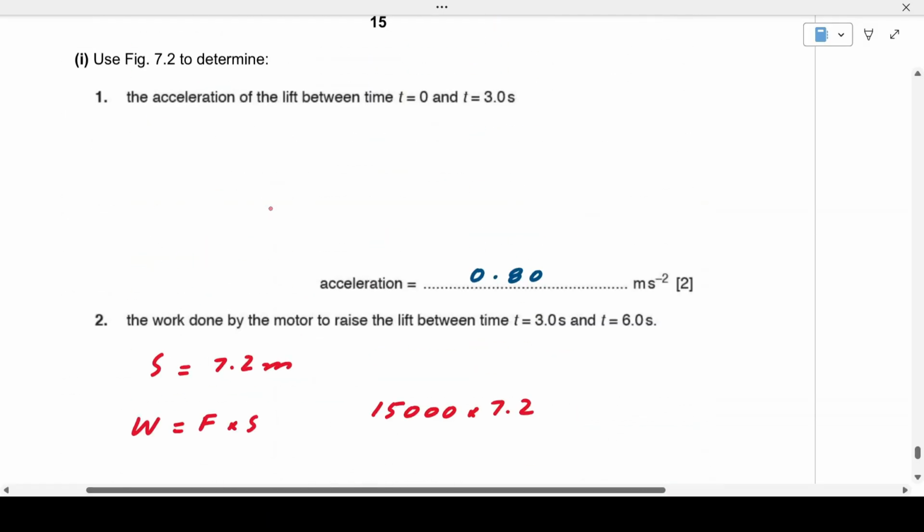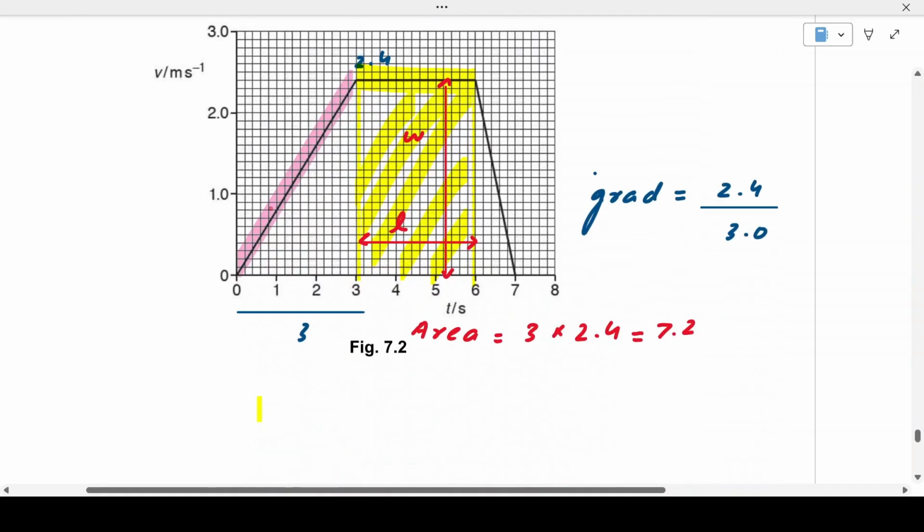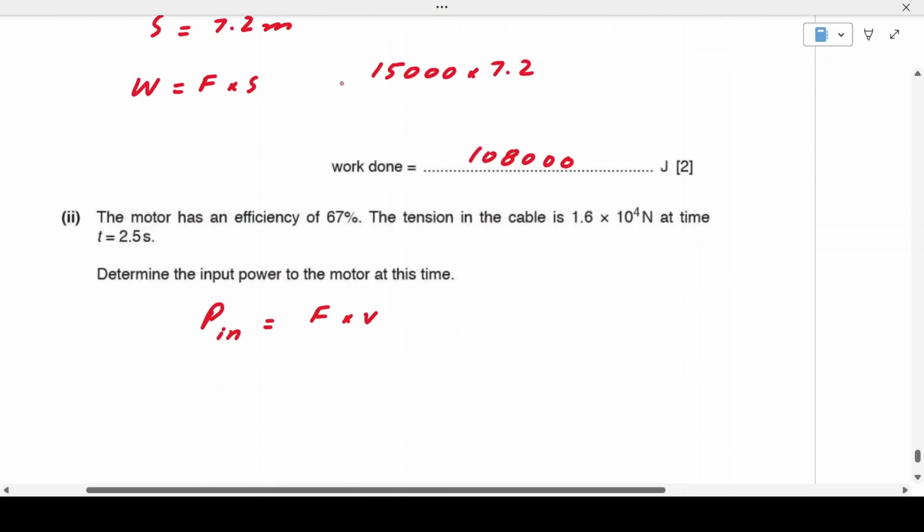So at a time of 2.5, which is exactly in the middle of 2 and 3, the speed is exactly 2 meter per second.